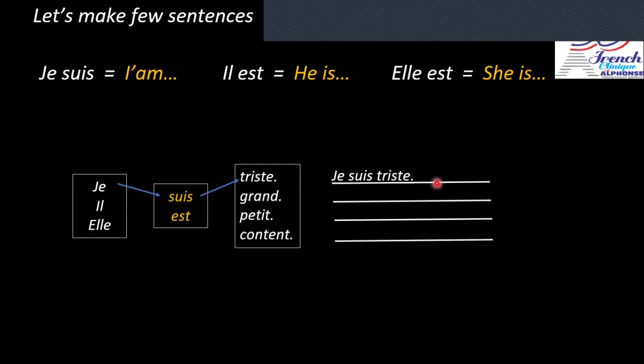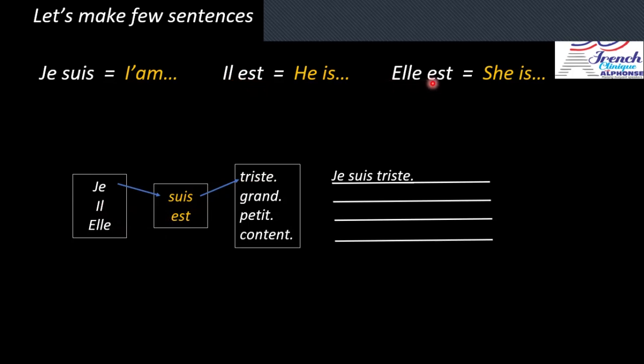That is, I'm sad. I can say il est triste as well. He is sad. But I cannot say il suis triste. No, it's incorrect. So il goes with est.